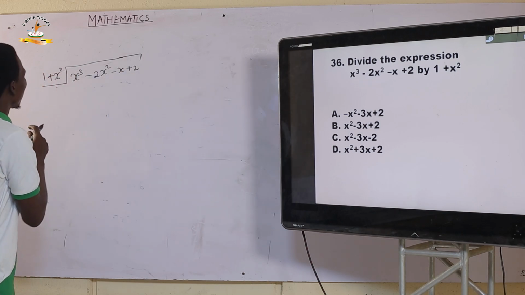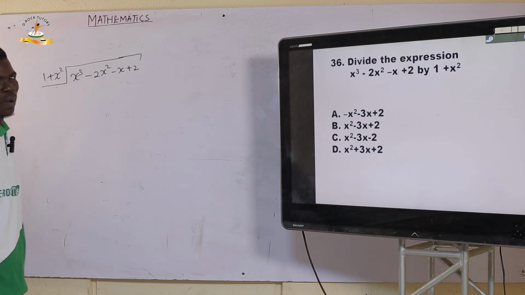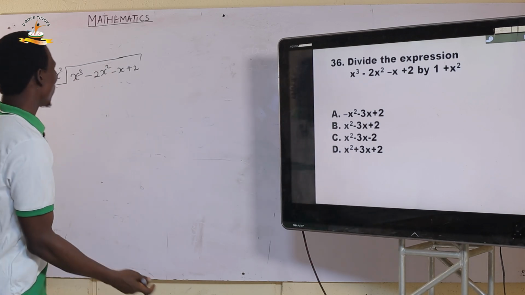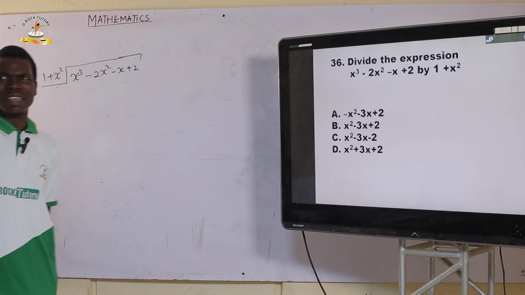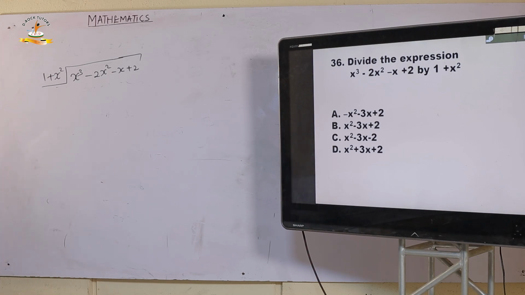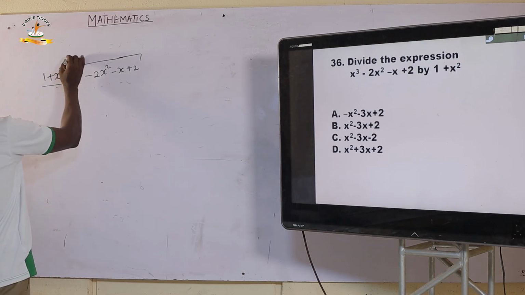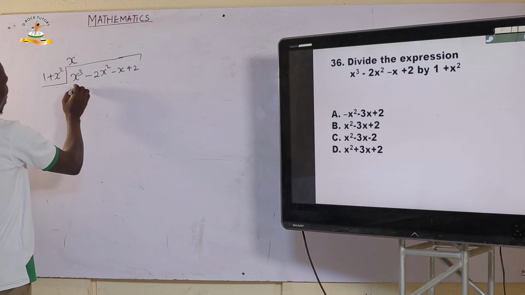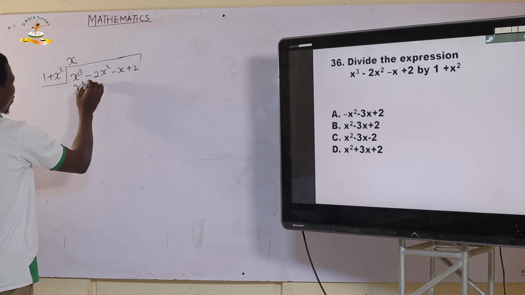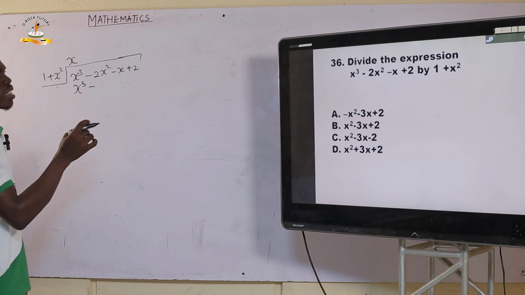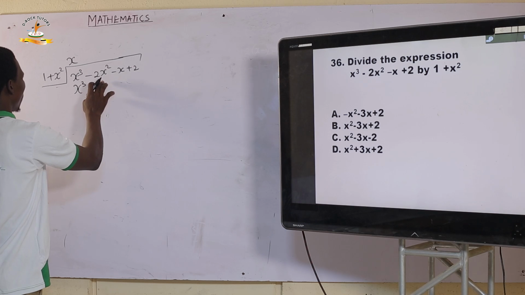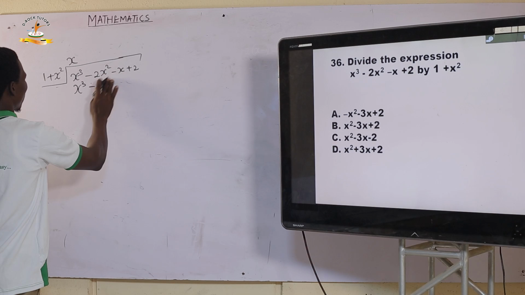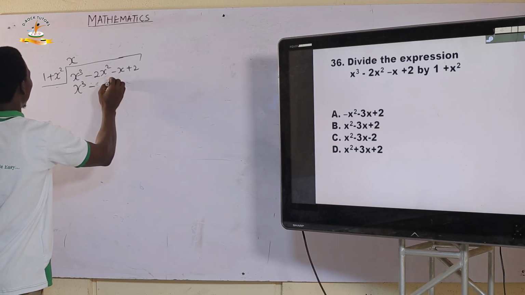So the first thing is to look at the maximum power here and the maximum power inside. What can we multiply by the maximum power here to give us exactly the maximum power inside? It is simply going to be x. So I'm going to have x, and x times this gives x cubed plus x.